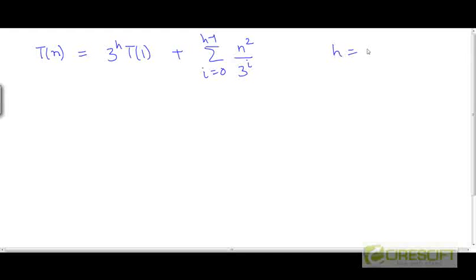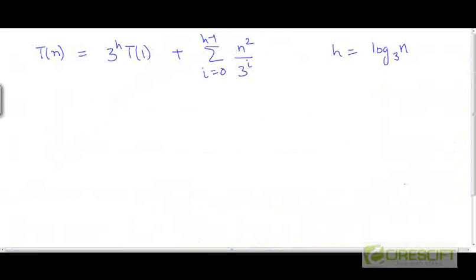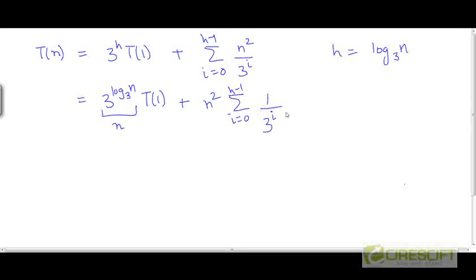Now again we have determined h to be log of n base 3, and so we can simplify the first term to 3 to the power log of n base 3 times T of 1, and this is nothing but n. From the second term we can extract out n squared, and we get this series, i equal to 0 to h minus 1, 1 upon 3 to the power i.